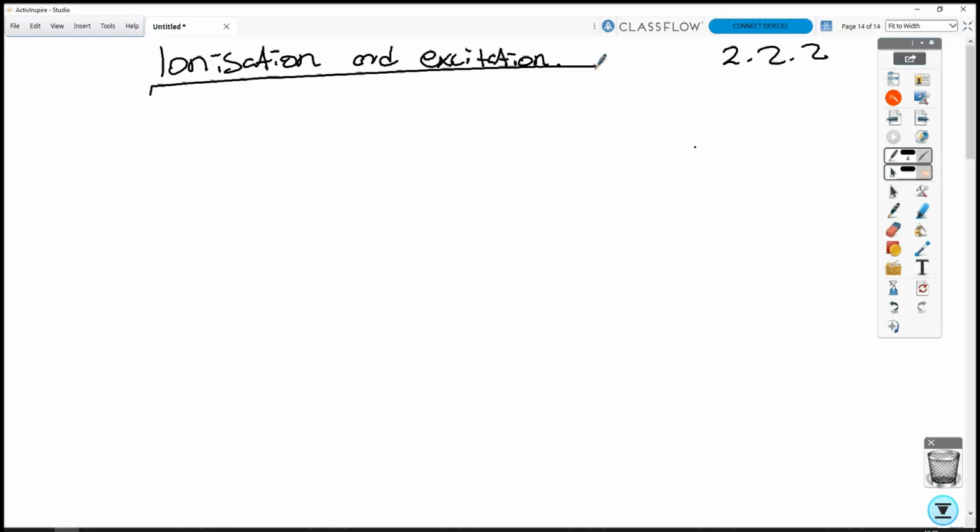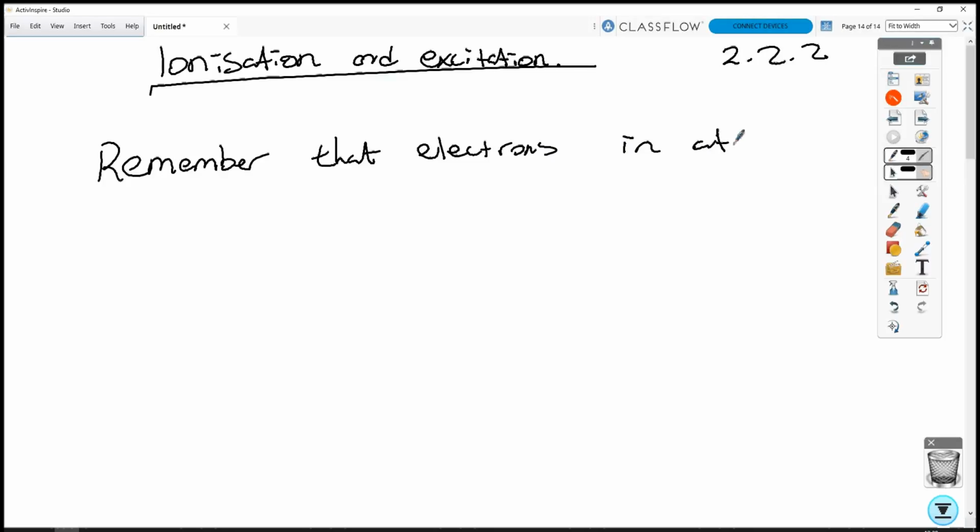So to begin with, we're going to recap what we looked at last lesson, where we said that electrons sit within an energy well inside of their atoms. Remember that electrons in atoms are inside energy wells.